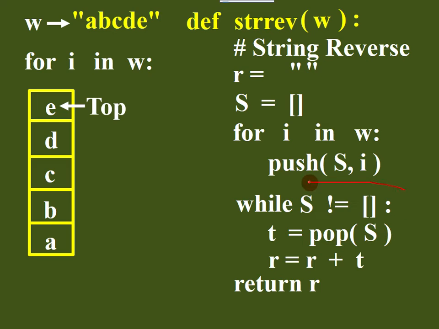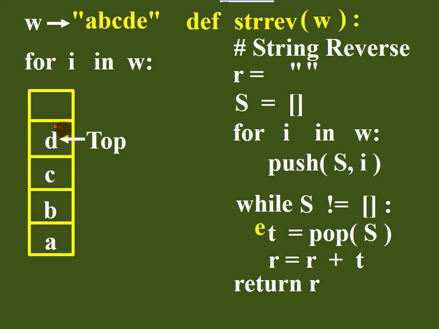For a better understanding, let me explain this piece of code using this example. Now the stack is not empty because top points to the topmost element E. What the pop function does is it pops the topmost element that is stored in variable T. Now this element is removed from the stack.